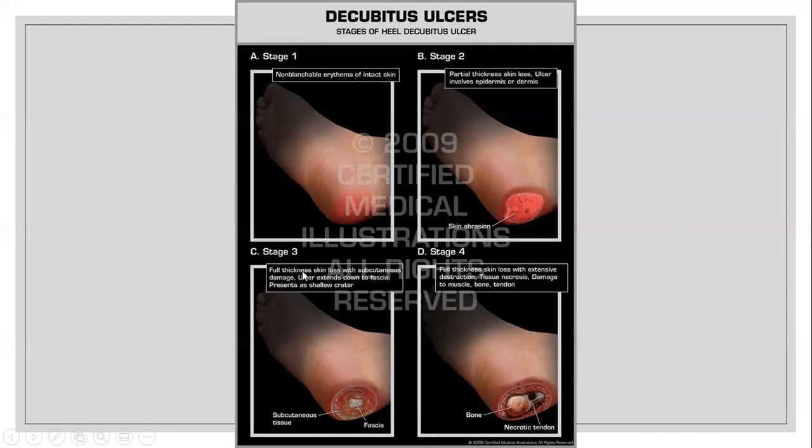Stage 3, full thickness skin loss and subcutaneous damage. The ulcer extends down to the fascia. You see the subcutaneous tissue and fascia. Stage 4, full thickness skin loss with extensive destruction, tissue necrosis, and damage to the muscle, bones, and tendon. Bones get involved in stage 4.